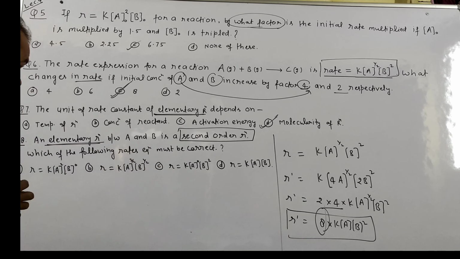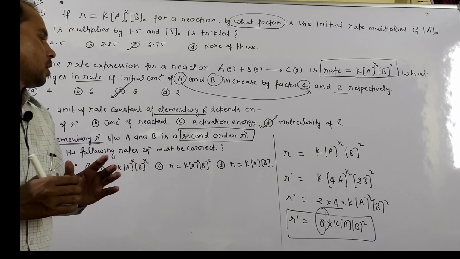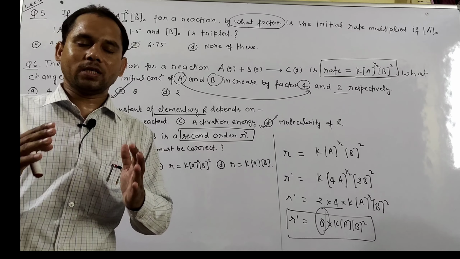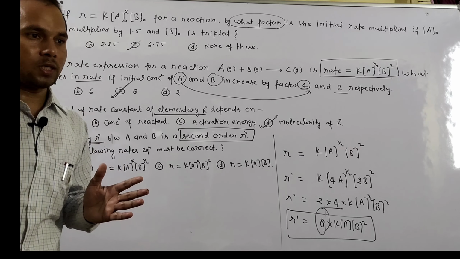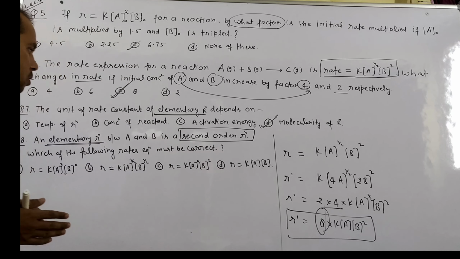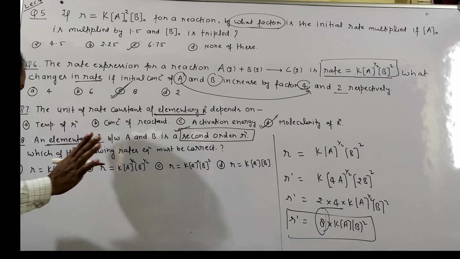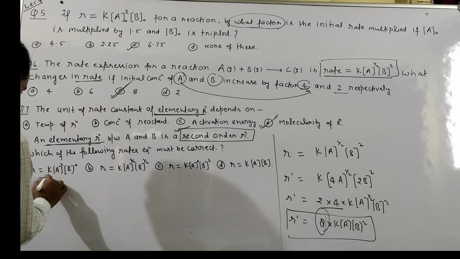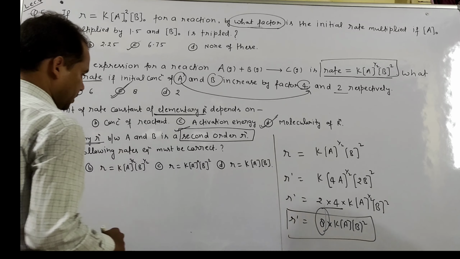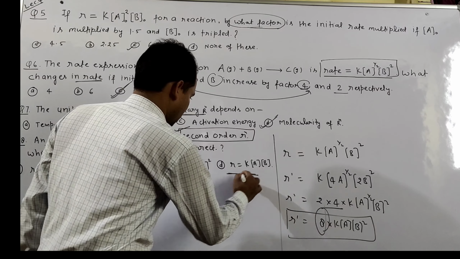It means the powers raised on the reactants in the rate law expression are equal to their stoichiometric coefficients. Here there are several possibilities, and each of them is also a second order reaction.